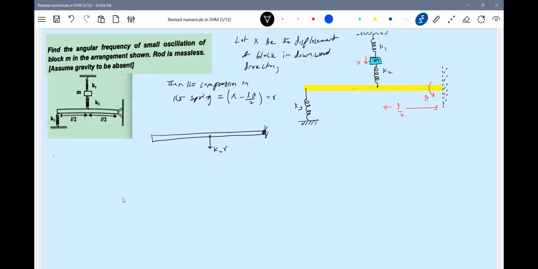Then who will balance this torque? K3, this one. So here, what is the tendency? The other spring force, this will be. And the rod is light, so what should be the net torque on the rod? It should be 0.